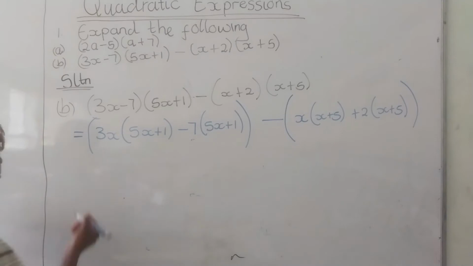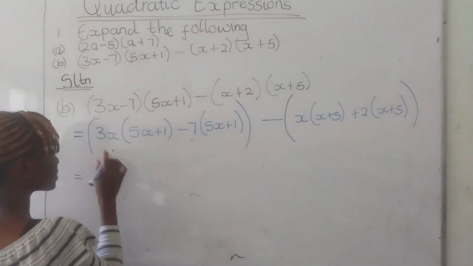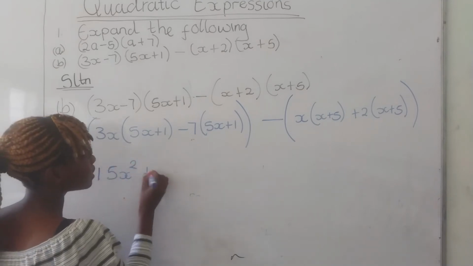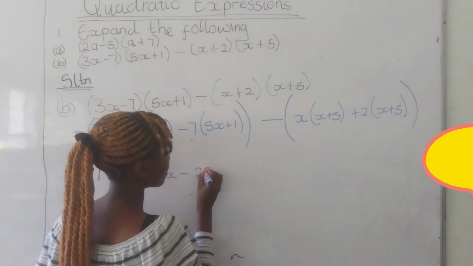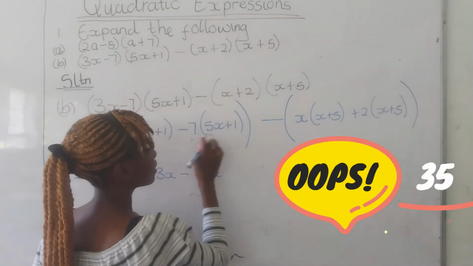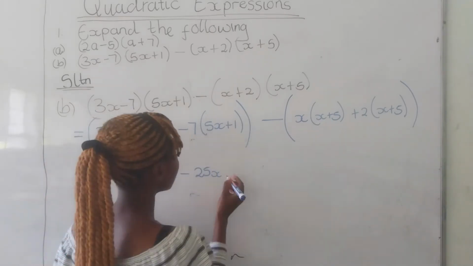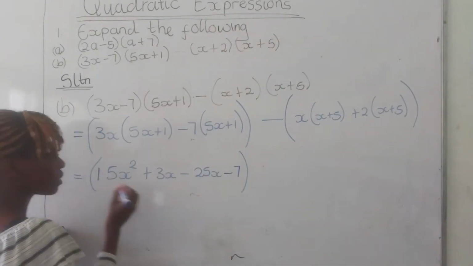Now we simplify. Is equal to, for simplifying we say 15x squared plus 3x minus 25x, minus 7 times plus 1 is going to give us minus 7. We put the bracket again.